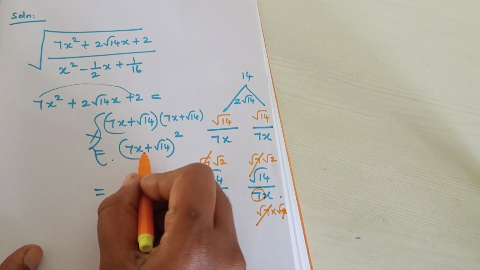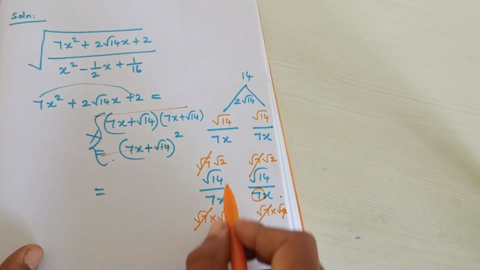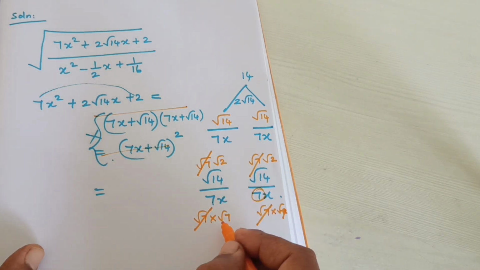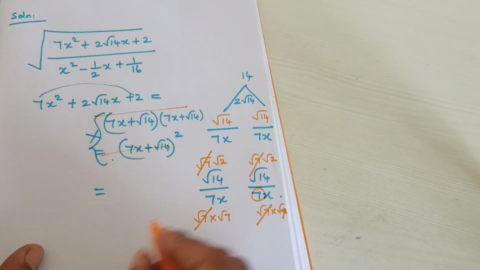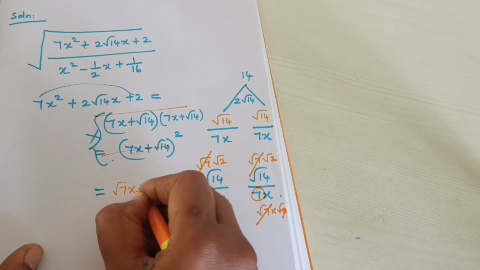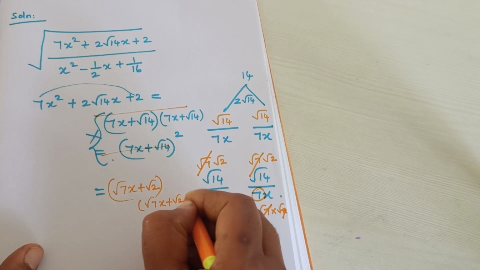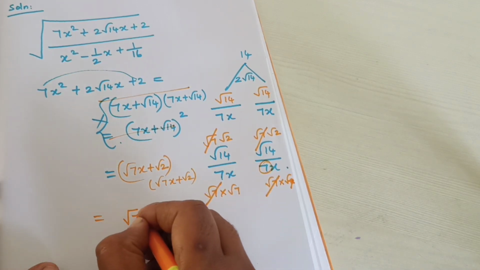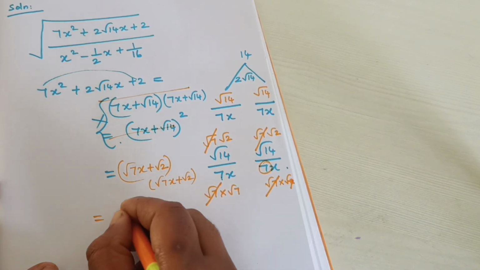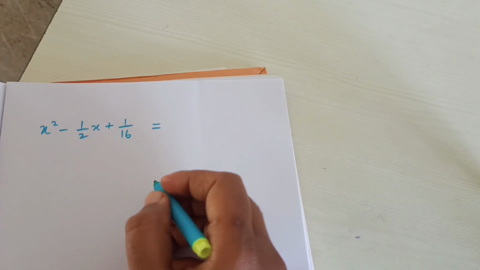If you write this step, we need to take 7 as common, so no need to write this step. This step also we can write. So root 7x plus root 2 into root 7x plus root 2, which is equal to root 7x plus root 2 the whole square. Got it?